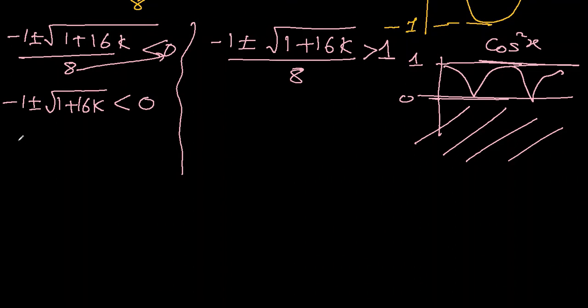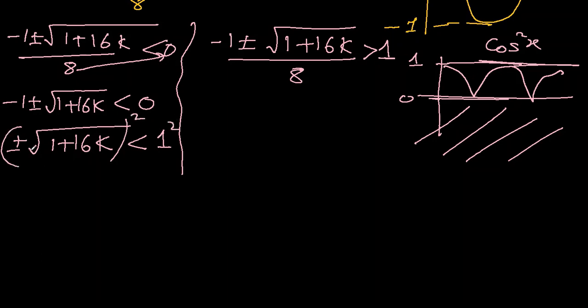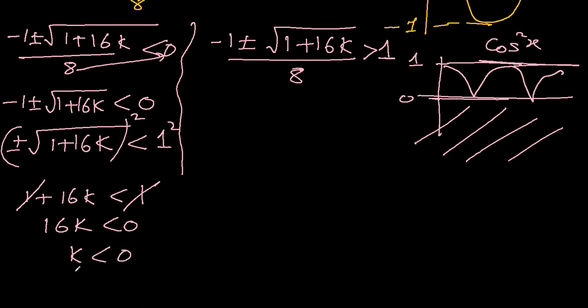We can bring minus 1 there. So plus minus square root of 1 plus 16k is less than 1. Let's square both sides. So the left side will become positive. Doesn't matter plus and minus because of the square, it will be 1 plus 16k is less than 1, and 1 is gone. So 16k is less than 0, k is less than 0.